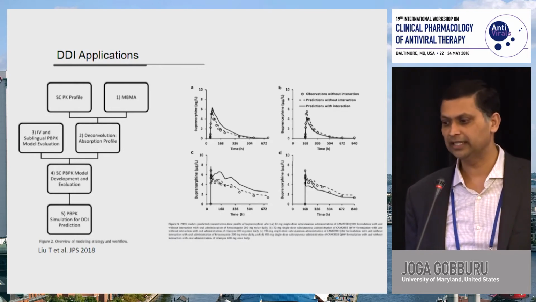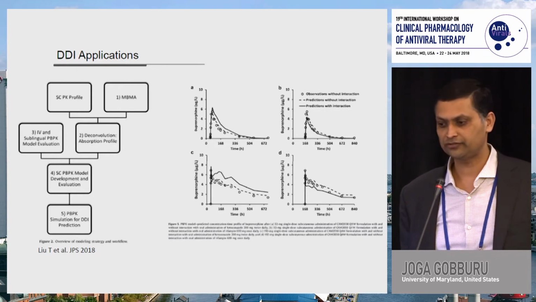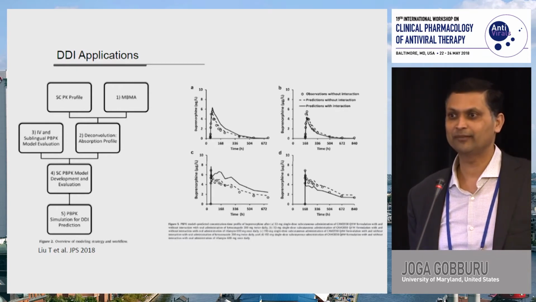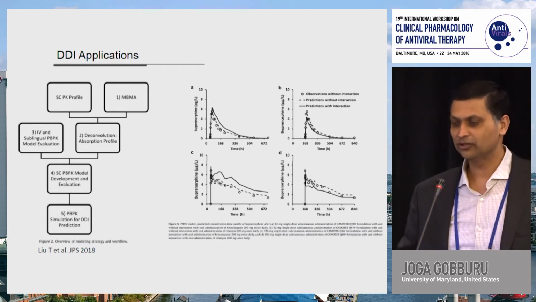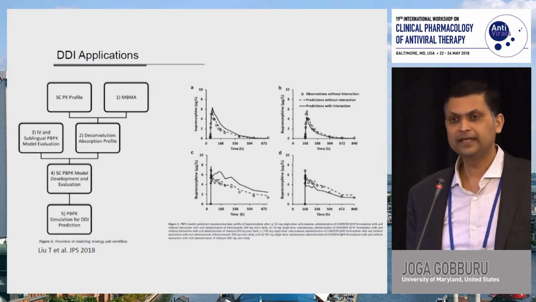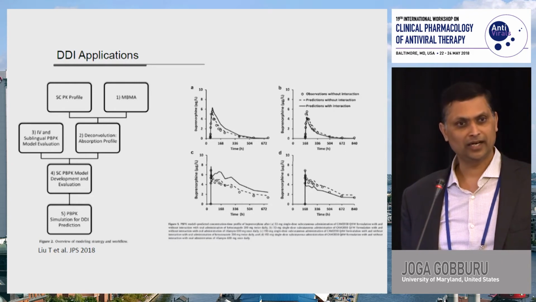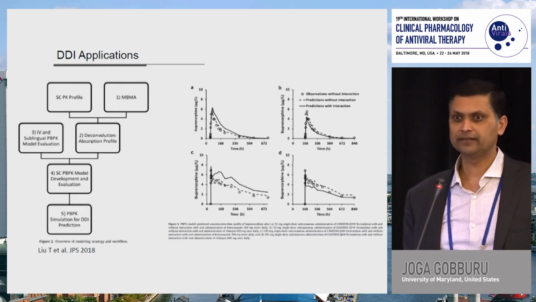And then you see that if you cannot see a big difference in the two curves, the dotted line and the solid line, there is nothing for us to talk about. The label, I can write a label saying there is no interaction that needs dose adjustment. So there are two sides of this coin. On one side, scientific, the other side, business.